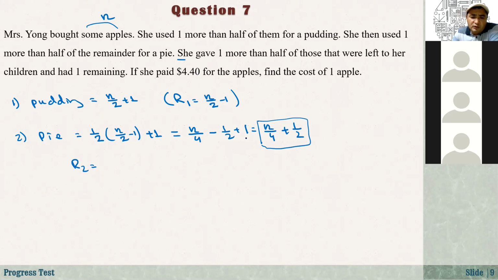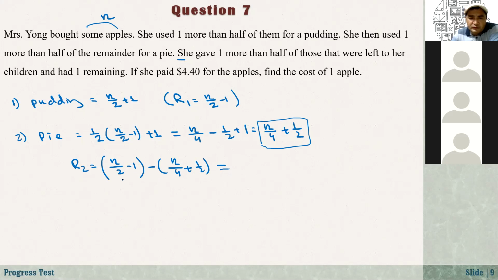She has already used n over 4 plus 1 over 2 apples for a pie. So she had n over 2 minus 1 apples before the pie, minus n over 4 plus 1 over 2 used for the pie. So now if you simplify this, that is the number of apples left after using for pudding and pie.